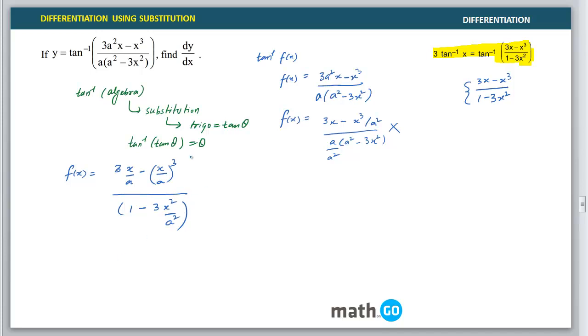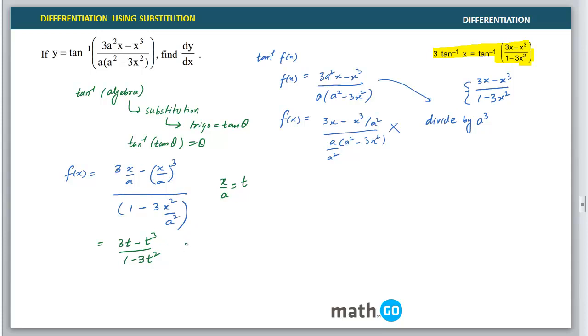This is what you will get. Just see to it. I have divided this particular step by a cube, rather than being a square, I divide this by a cube. So this is what you will get. And if you now see that if I place x by a to be t, right? So this is nothing but 3t minus t cube upon 1 minus 3t square, which is exactly similar to what I require.